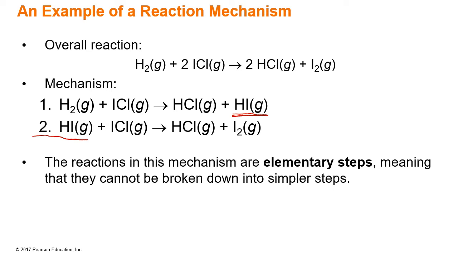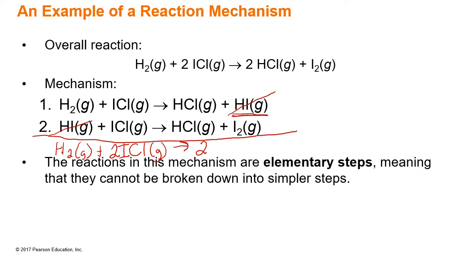If we look at the overall mechanism, the HI will cancel out, and when we add the reactants on the left side, we get H2 gas plus 2 iodine chloride gives us 2 hydrogen chloride and I2, which is the overall reaction.